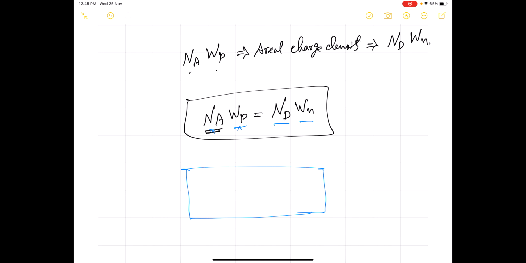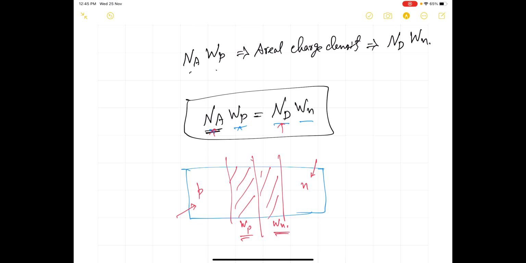Let me plot it like this. If you make a p-n junction, this is p, this is n. This width is Wp and this is Wn. As you understand, this will heavily depend on the concentrations of Na and Nd, that is, what carrier concentration you put in the n-type and in the p-type.